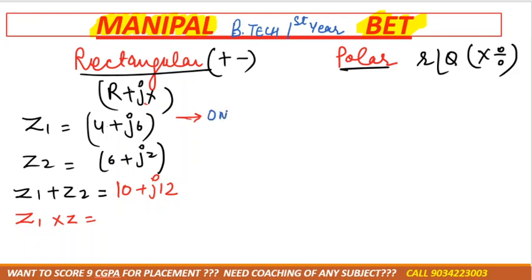Press shift, then press plus, where there is Pol, so in your calculator you will get Pol, right? You want to convert 4 plus j6, so write down 4 comma 6.